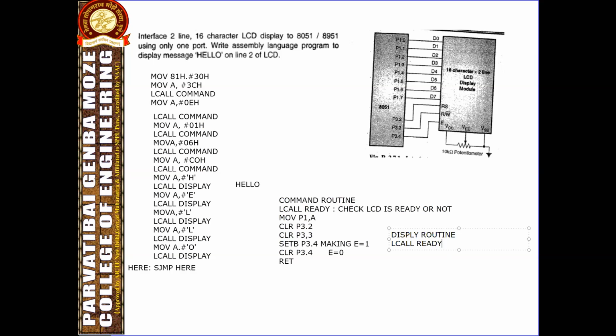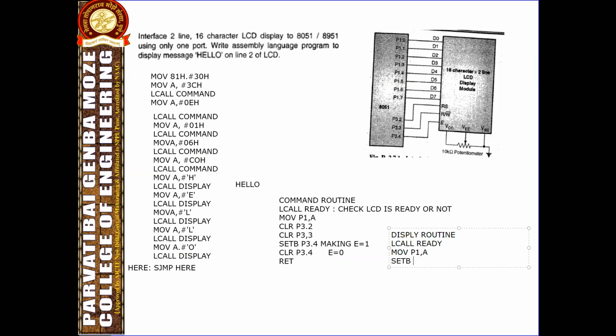Similarly, here also we have to check whether the LCD is ready or not. Then we have to move to port P1 comma A for display purpose. Whatever data is present inside the accumulator, we have to load into P1 because the pins of P1 are connected to the LCD display. So whatever data we load into P1 is going to be displayed.